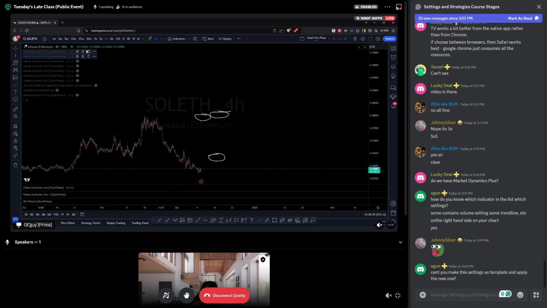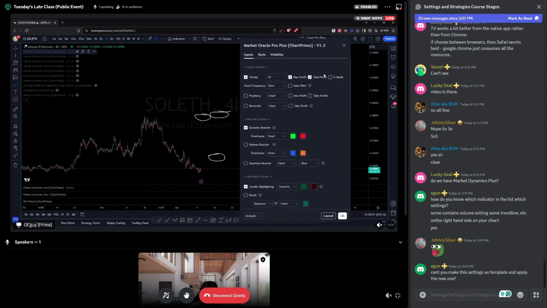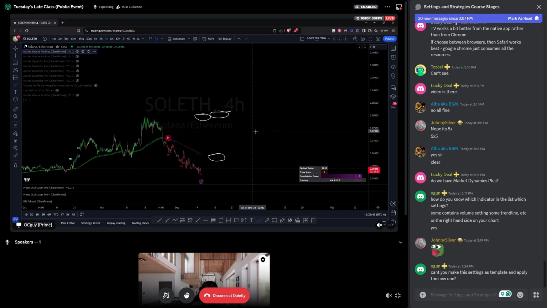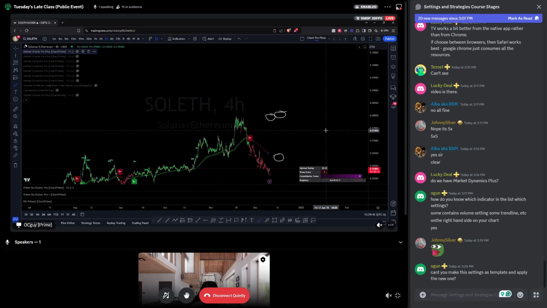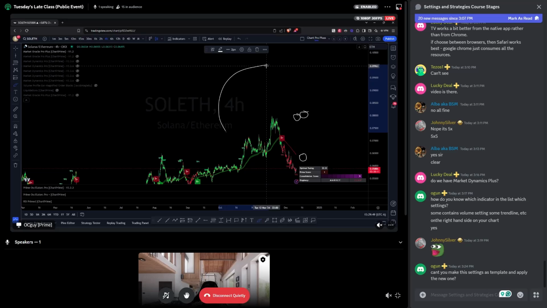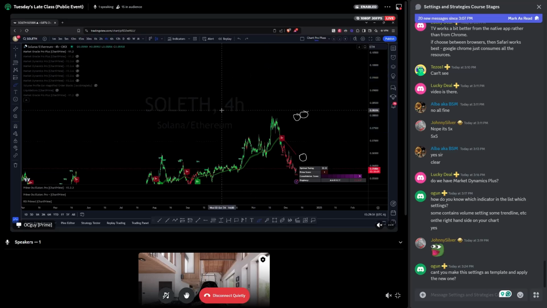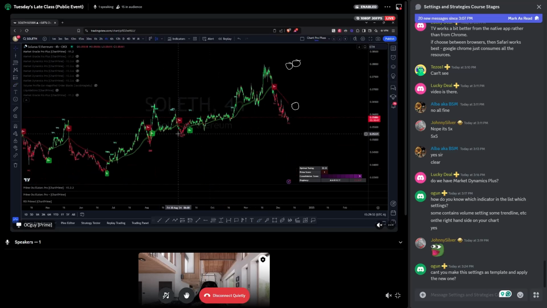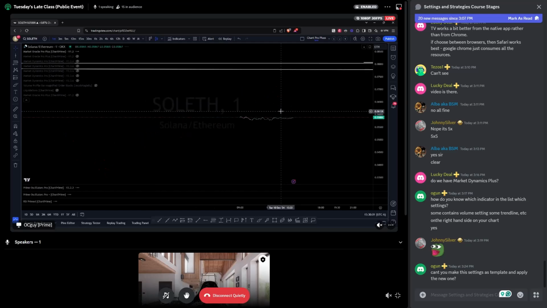So another important thing that we have added here is G mode. Let me show you what it does. So sometimes, depending on what you're looking at, you want a much shorter calculation on the trends, all right? Let's go to the 1 minute. I think that'll be a good example.